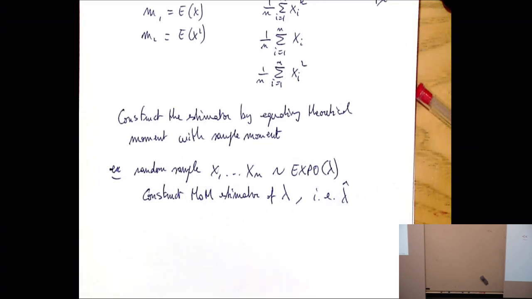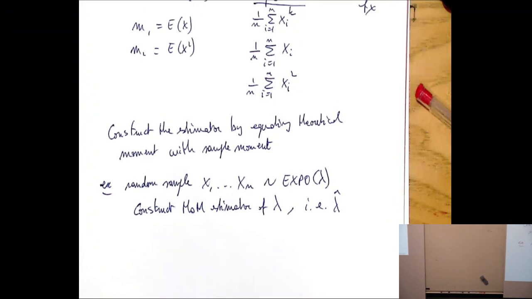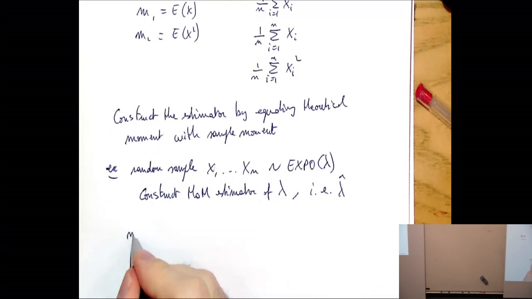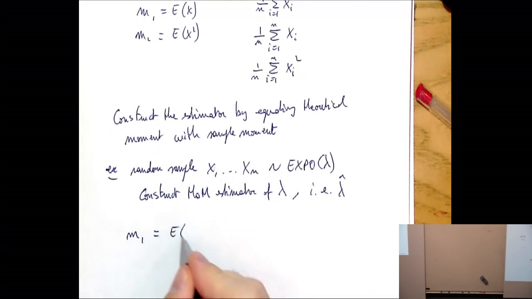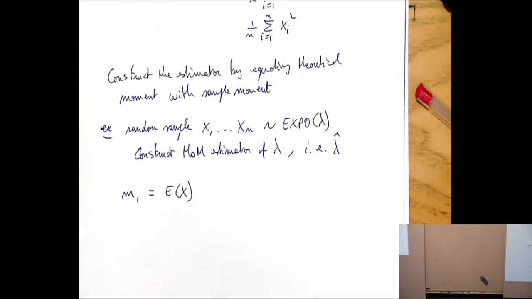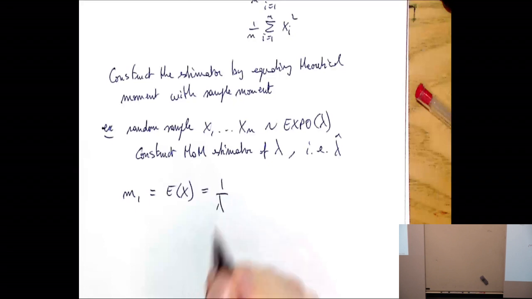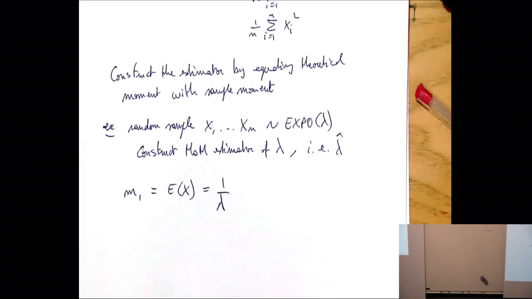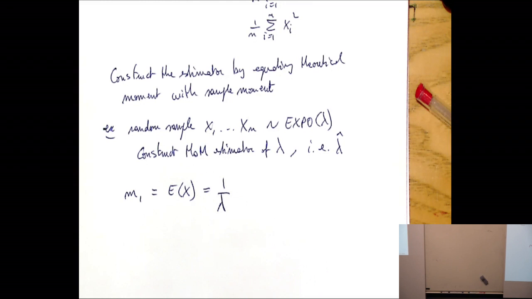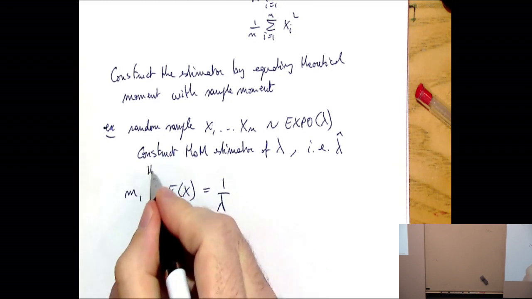Using the method of moments, we look at the first theoretical moment and equate it to the first sample moment. The first theoretical moment is the expectation of x. If you have an exponential random variable, the expectation of x is 1 over lambda. We did this several weeks ago. So this is my theoretical moment.